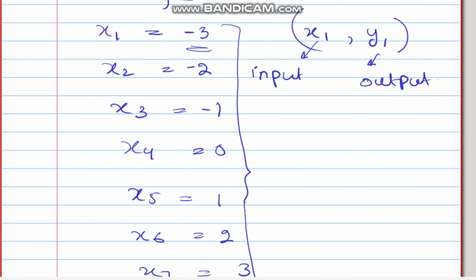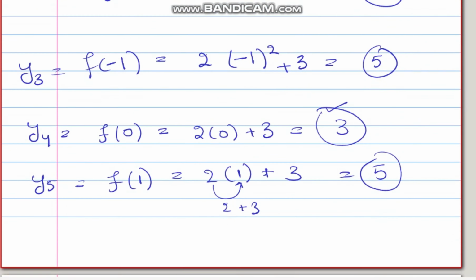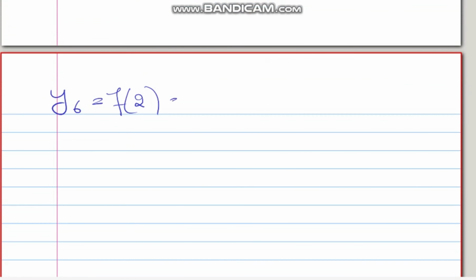F of 2. Okay. Now I can show you also. Y6 is here. Y6 corresponds to x6, which is equal to 2. Okay, this is the thing. And move down. Now 2 into 2 square plus 3. What is this?